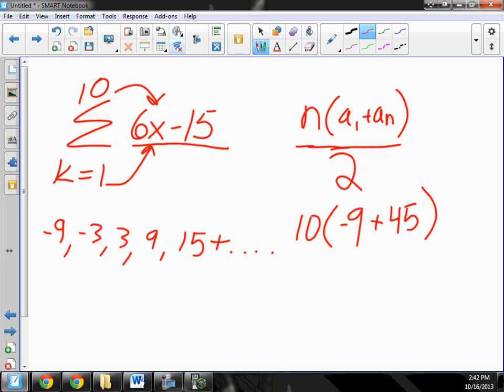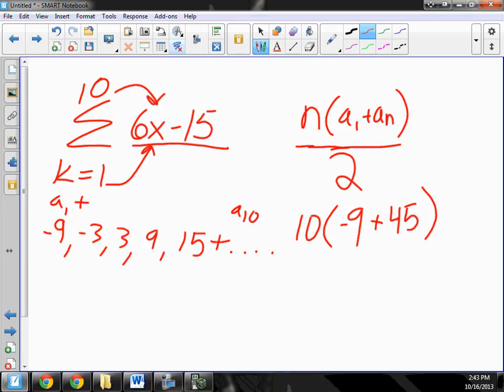I plug in 2, I get negative 3. I plug in 3. That's what it's creating, but we're skipping all that. So this just says, add up all of them from a sub 1 all the way up to a sub 10. But the nice thing is, with the formula, I don't need to write any of that down. All I need to know is how many numbers there are, and then what the first number and the last number are, and the formula will do the summation for me.